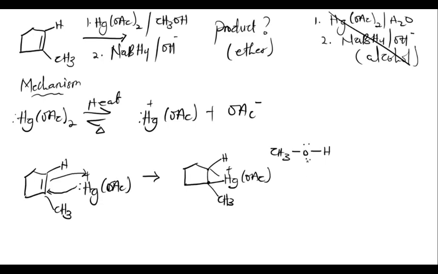So the alcohol will perform a backside attack onto this carbon over here, then breaking this bond and releasing the electrons onto the mercury group over here. So from here, this is what we get. Right, so because we performed a backside attack, we need to show stereochemistry for this product. So if we put our hydrogen on a wedge over here, then it means our acetoxymercury group also has to be on the dash over here.